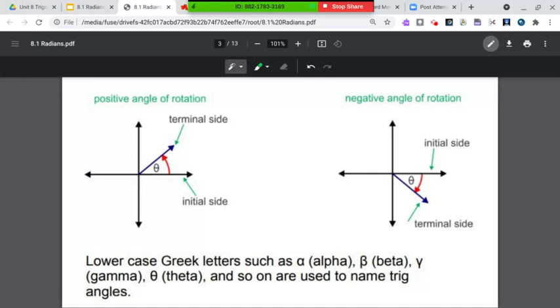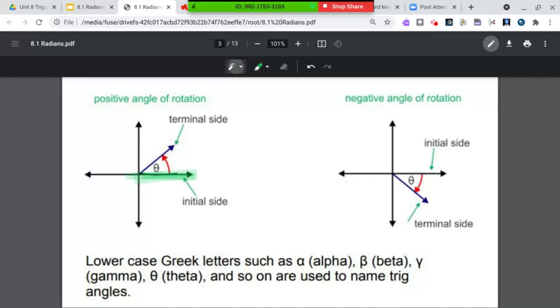Okay, so the initial side is here. Okay, there's your initial side. If it is a positive angle of rotation, so if theta is positive, you are going to move counterclockwise. Okay? Positive angle counterclockwise.